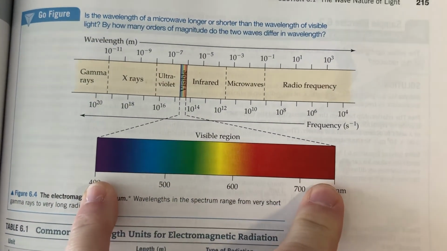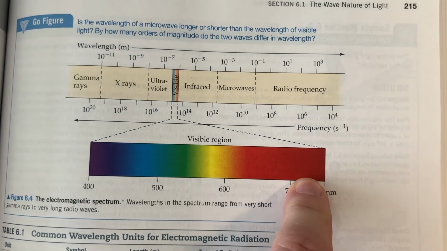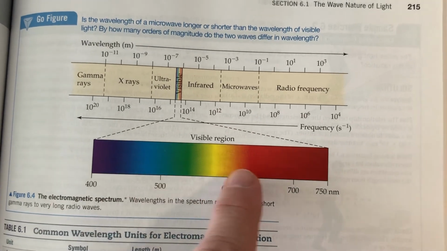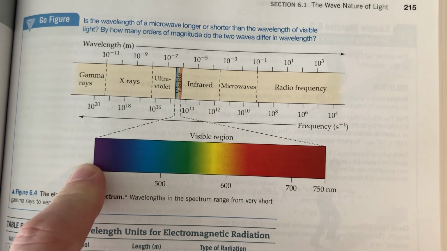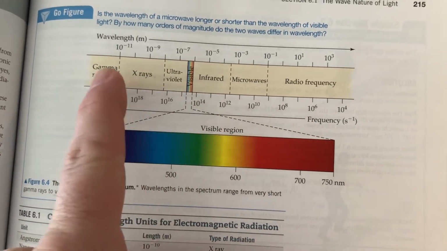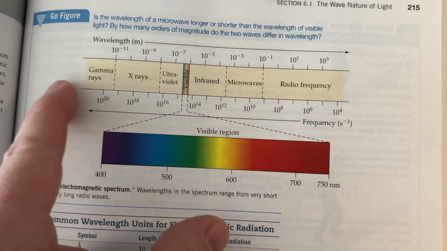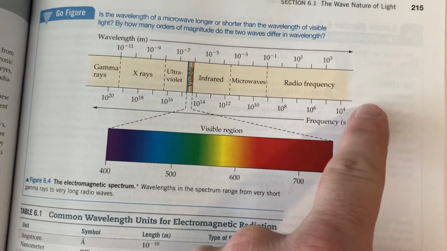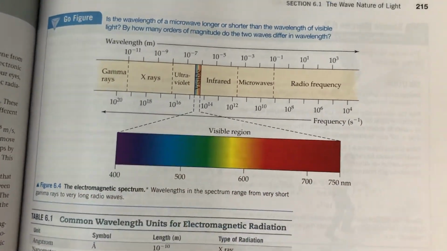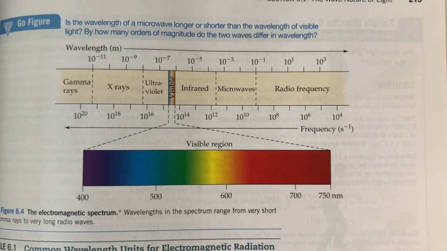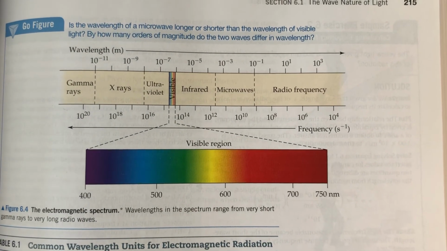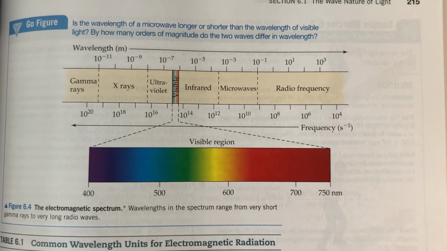You'll also notice that within the visible spectrum, red is the lowest energy, and as you work your way through the rainbow, purple is the highest energy. Then X-rays and then gamma rays. We don't really have anything higher than gamma rays or anything lower than radio waves, but every piece of light or electromagnetic radiation that you could ever envision is somewhere in this range.